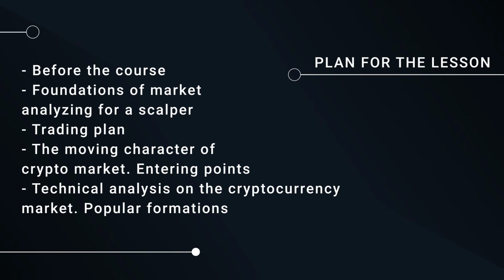After that, we'll see what a trading plan is and how to create it. Then how the crypto market moves and what kind of entering point to work on first. And finally, how technical analysis works on the crypto market, and the most popular patterns that are working on the cryptocurrency market right now.